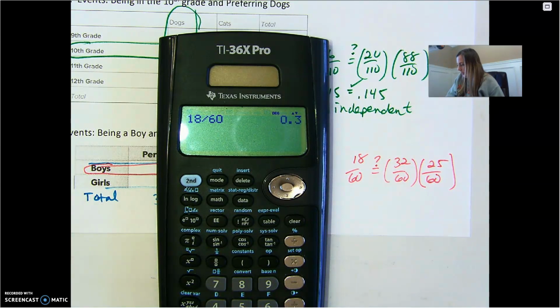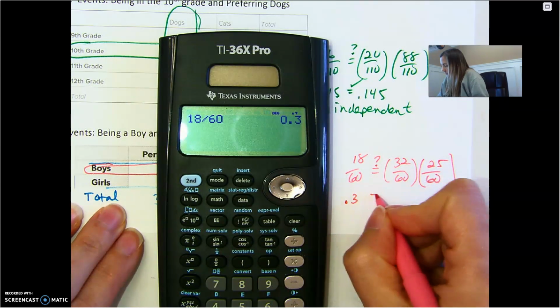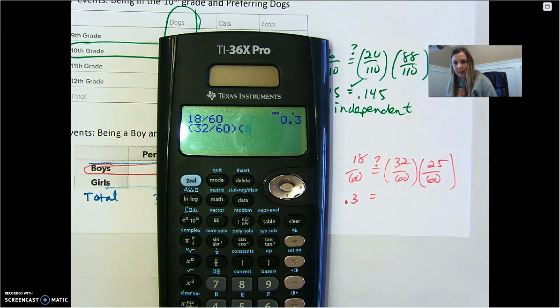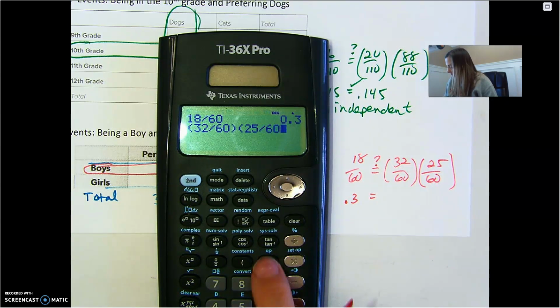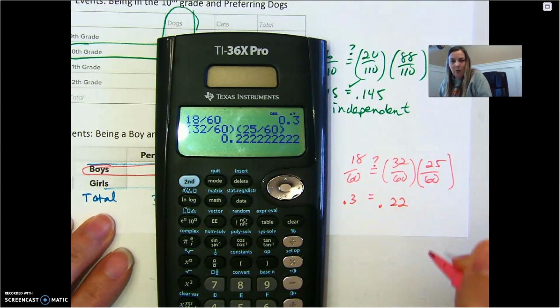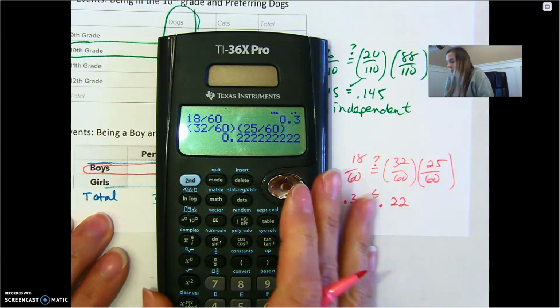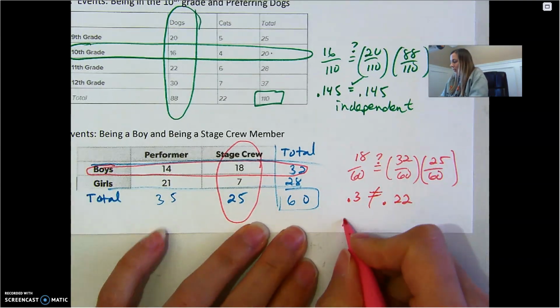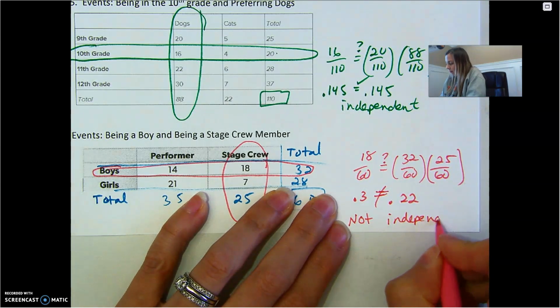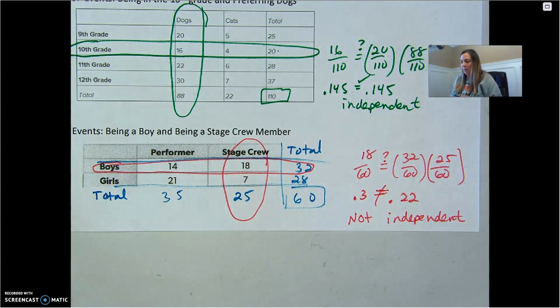That decimal is 0.3. Over here, we've got 32 out of 60 times 25 out of 60, which is 0.2222222222. These do not equal each other. So no, they are not independent events. Being a boy and being a stage crew worker, they depend on each other. They are not independent.